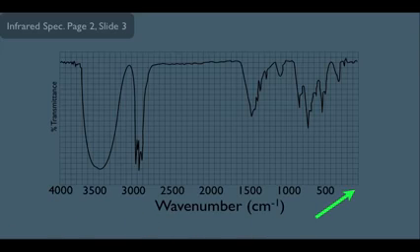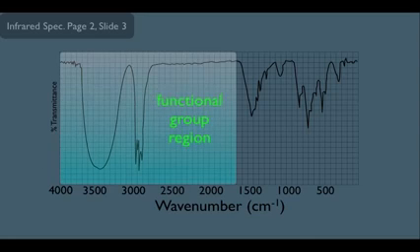Some other basics about the IR spectrum here. Let's know that right about here, from 1800-ish to 4000, is what's called the functional group region. This is where we're going to look for absorption bands that signal certain types of functional groups in the molecule.